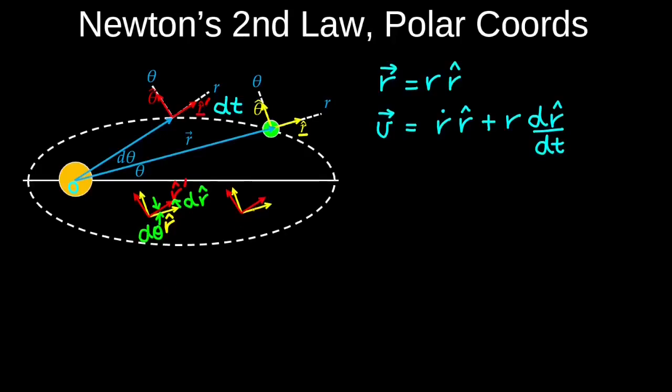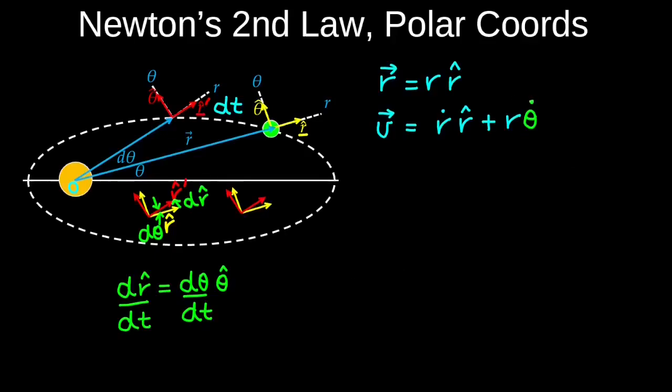So we can rewrite dr as follows, where dr is in the theta direction. And then dividing through by dt, we can rewrite this derivative as follows, where this is the angular velocity.